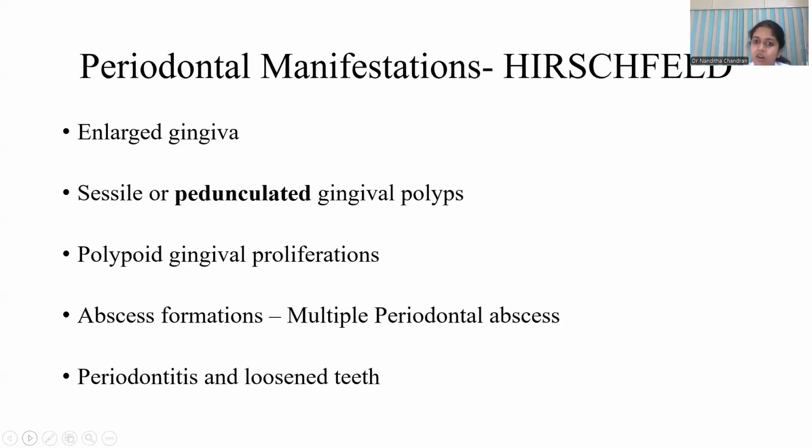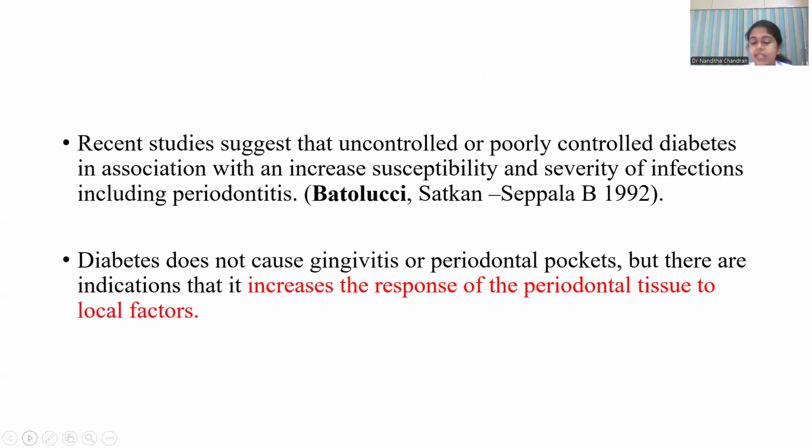Finally, all these lead to periodontitis and loosening or mobility of the teeth. Studies have shown that uncontrolled or poorly controlled diabetic patients always have increased susceptibility to various periodontal infections. Most important is periodontitis.